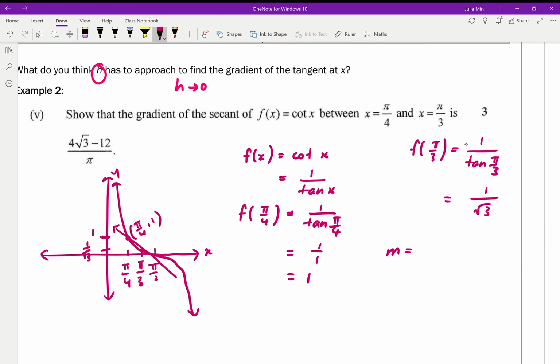So this is pi on 4, 1, and this is pi on 3, 1 over root 3, which we should technically rationalize. So it becomes root 3 on 3. So m equals y2 minus y1 over x2 minus x1, so root 3 on 3 minus 1, over pi on 3 minus pi on 4.